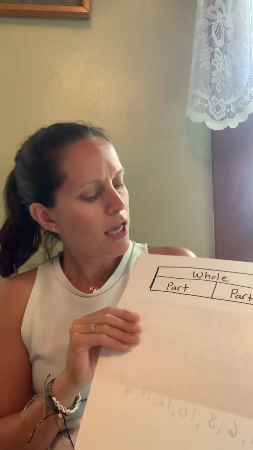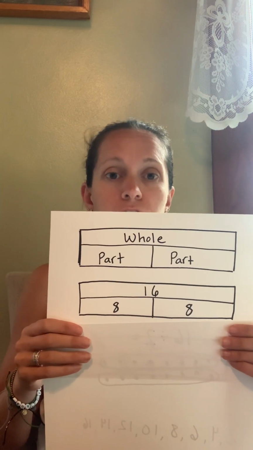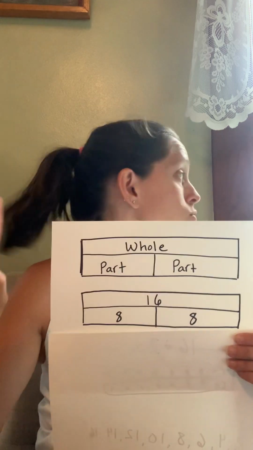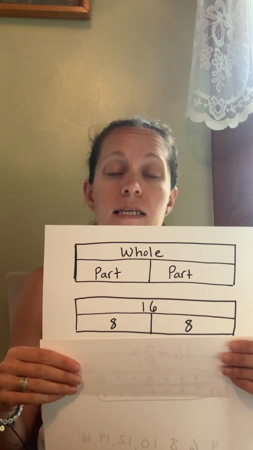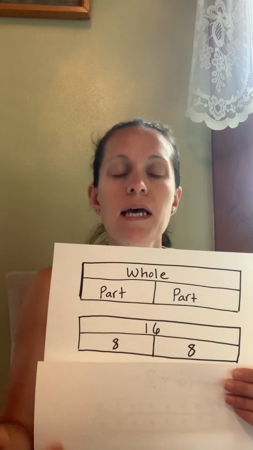All right, if we look here, I've applied it to the same equation. We know that 8 plus 8 equals 16, or I have two groups of 8 equal that 16, all right? So this is halved. If I half that number 16, I have two groups of 8. So these are the two that I would count. 2 times 8 equals my 16.